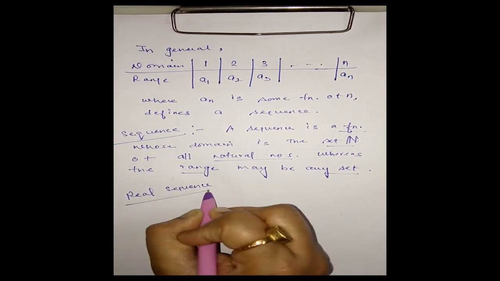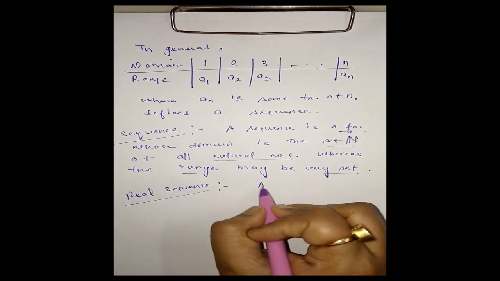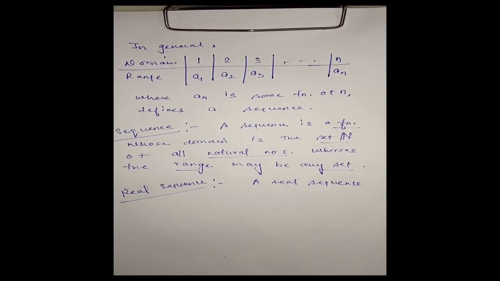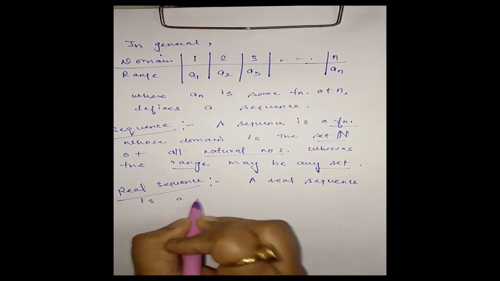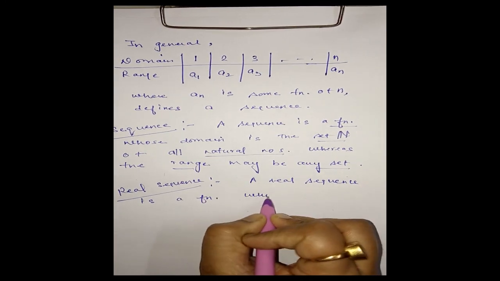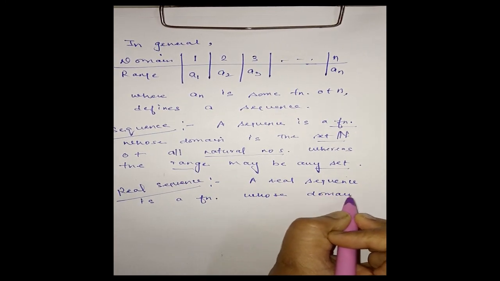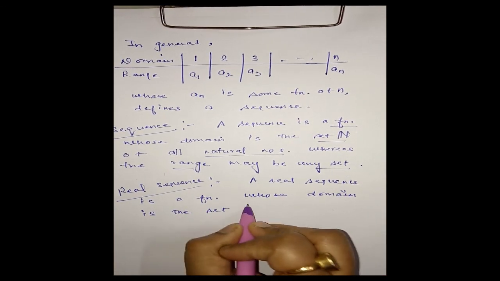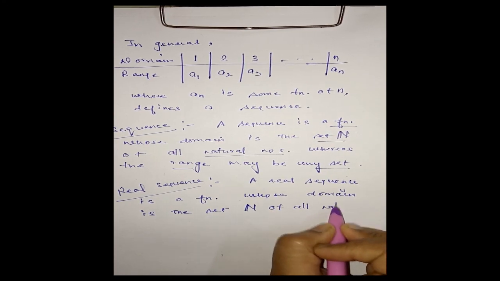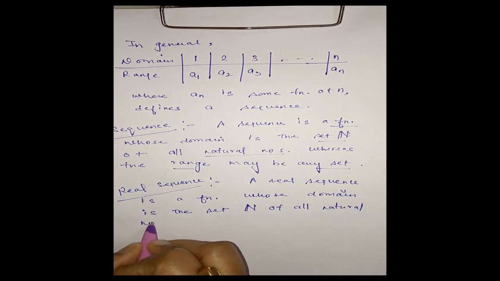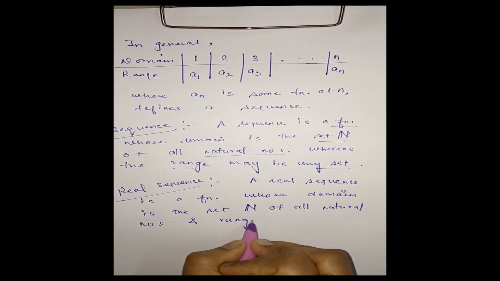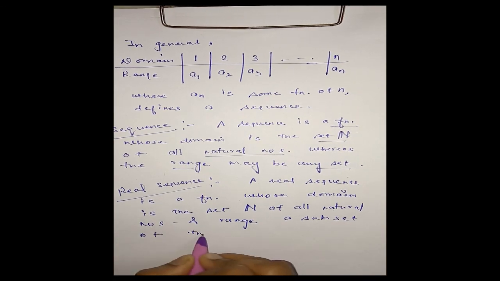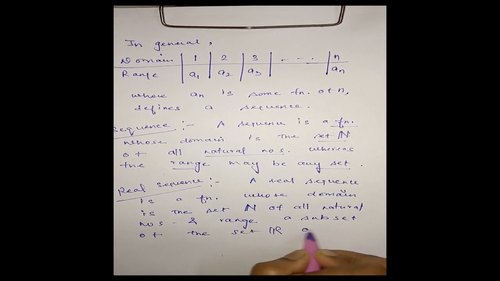for the real sequence we have, a real sequence is a function whose domain is the set N of all natural numbers and range a subset of the set R of real numbers.